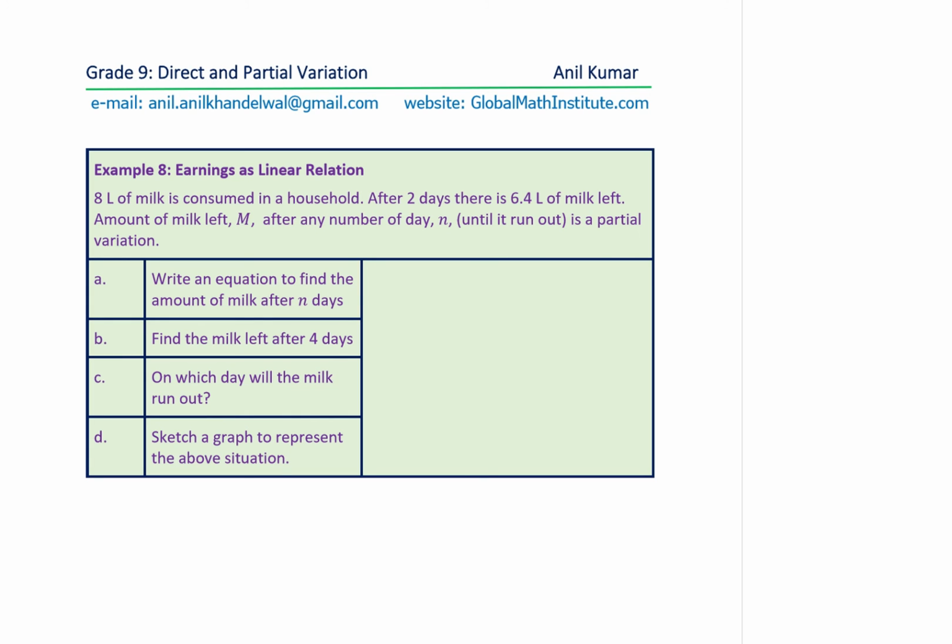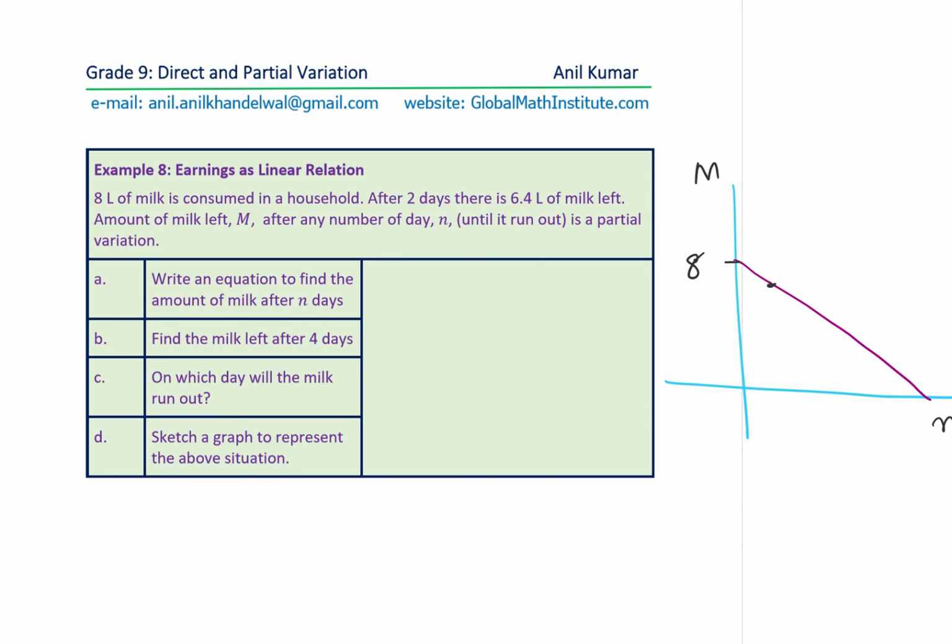If you try to graph this, then what you get is something like this, right? Where we are starting with a value which is how many liters of milk? 8 liters of milk, right? So this is milk remaining, and that is the time in days, the number of days n. Let me write n here, correct? So that is the kind of graph.